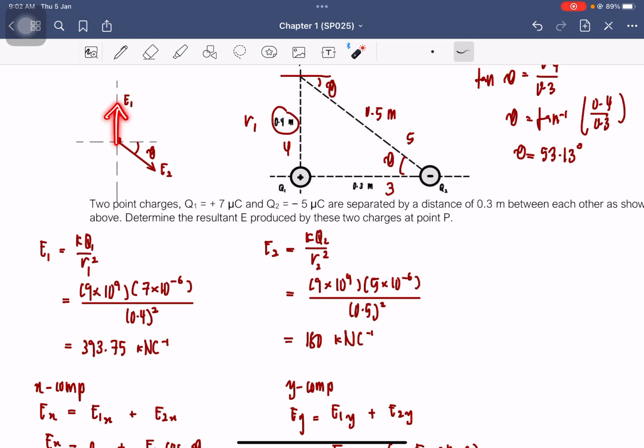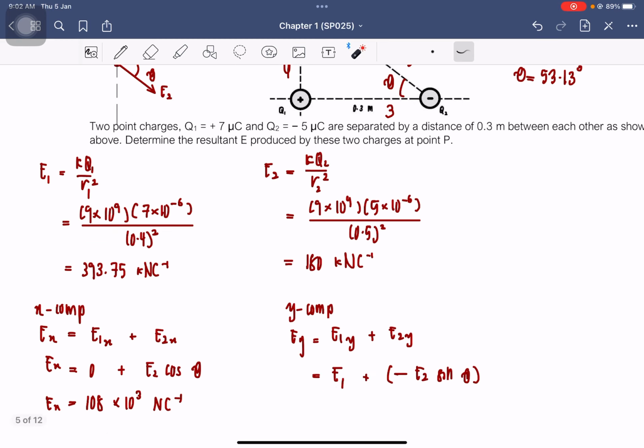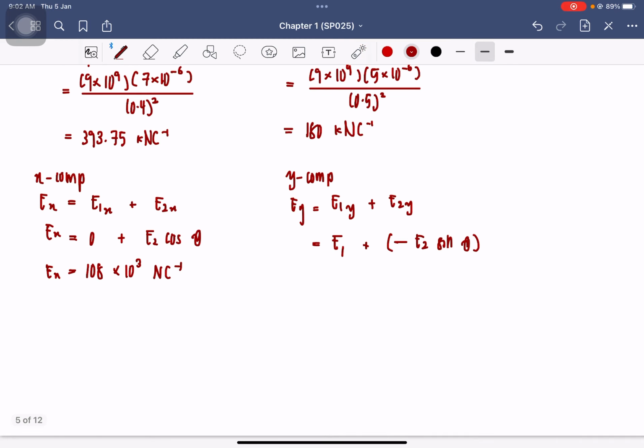E1 is positive, because it points upwards. E2, when we resolve into its y component, will be pointing downwards. Please remember that, because that is from our semester 1. So this is 249.75 kilonewton per coulomb.